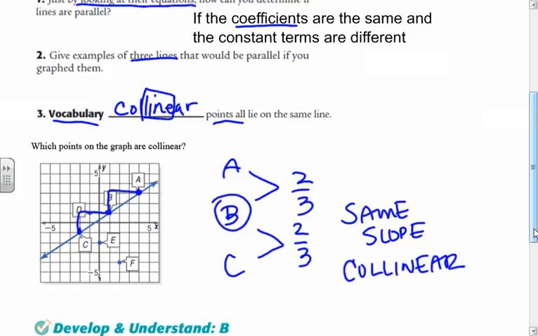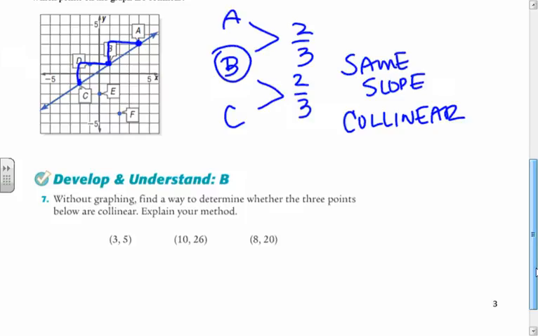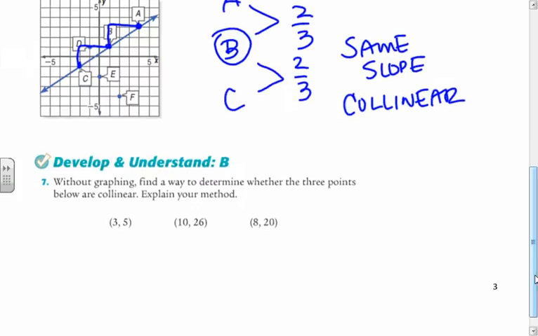So let's check out this next problem down here, and let's just see how that works out for us. Let's check out the slope from this point to this point. Let's call this A and this B and this C. To find the slope, we're going to take 26 minus 5 and divide that by 10 minus 3.